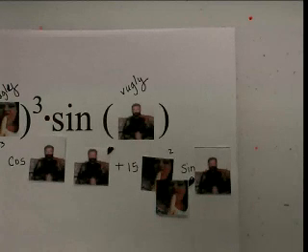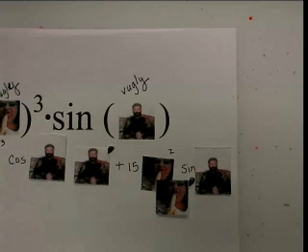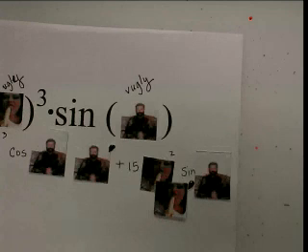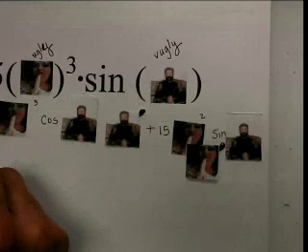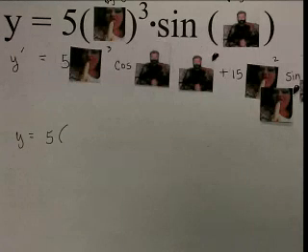Do the same thing with, I've lost it. Where did I put that piece of paper? What was it originally? 5 times what? Natural log of x to the third. No, I didn't have 5 times natural log of x.